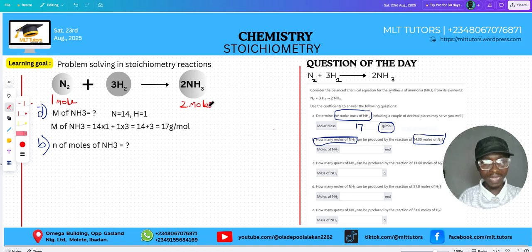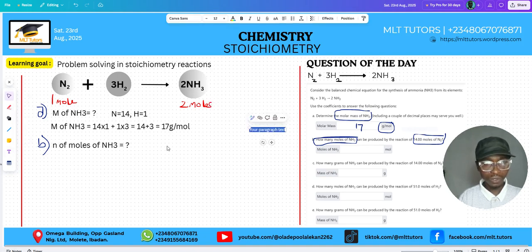So we have to use the reacting moles first.